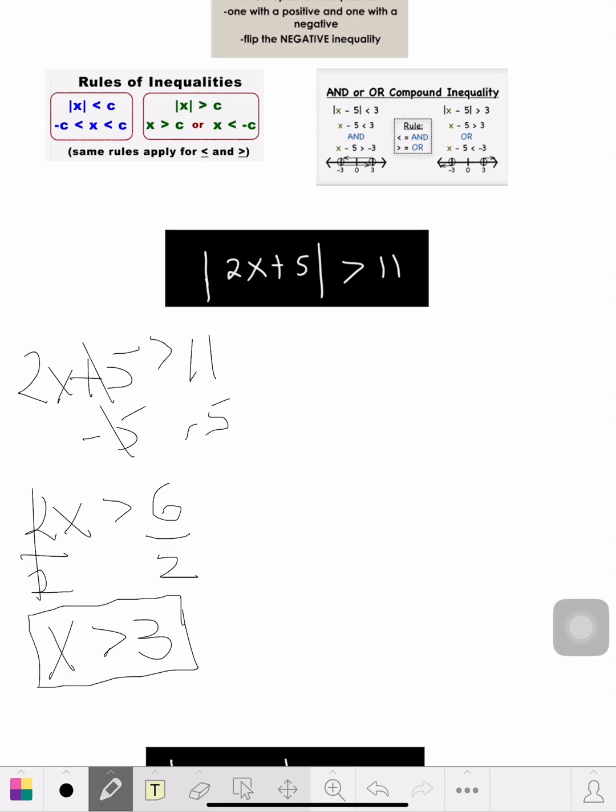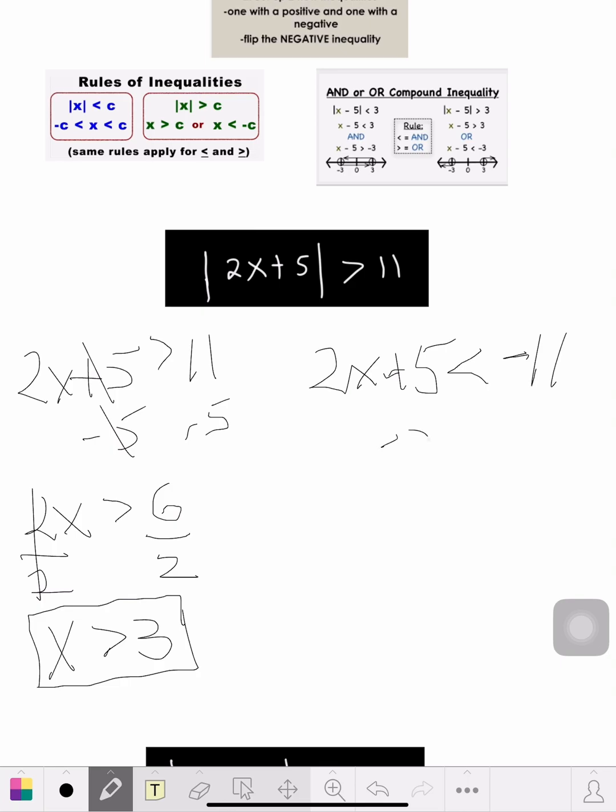Now let's do the other one. We have 2x plus 5. Remember, we have to flip the inequality sign, so it goes this way this time, and this goes to a negative 11. We minus 5 on both sides.